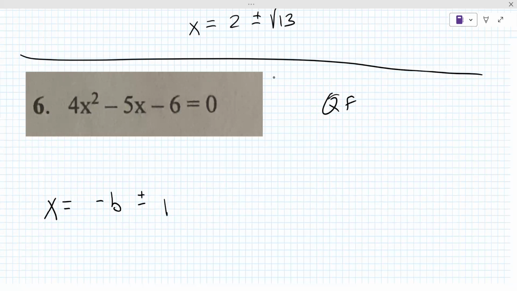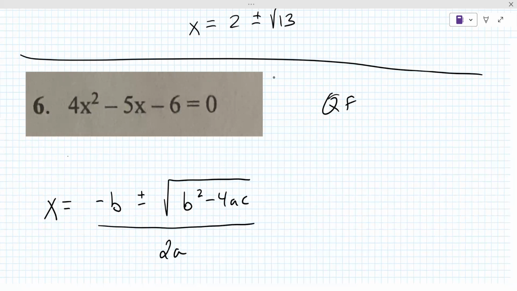Minus b plus or minus the square root of b squared minus 4ac all over 2a. What are the values of a, b, and c? A is 4, B is -5, and C is -6. Good. All right, now you've got to substitute these in.